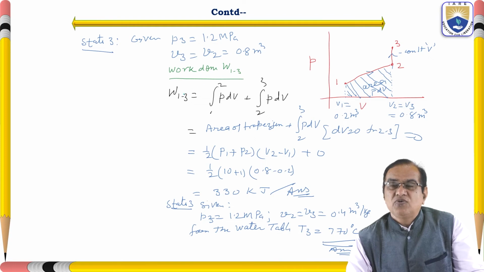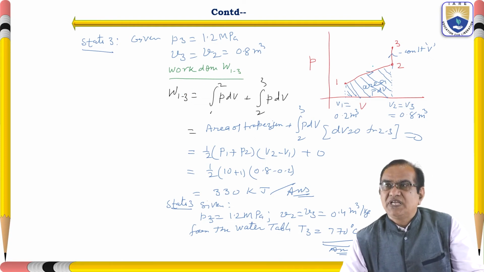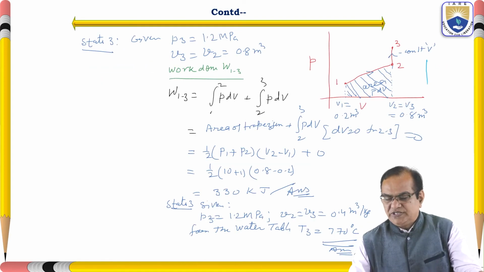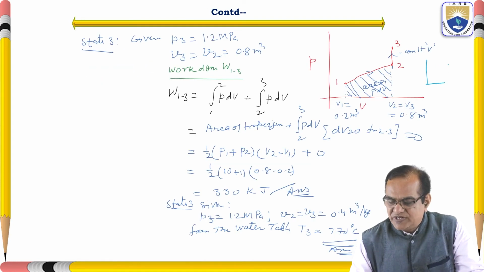Work done is equal to 1 to 3. So work done is equal to integration of 1 to 2 PdV, plus integration of 2 to 3 PdV. But here from 2 to 3 the volume is constant. We can see here how these things are happening.